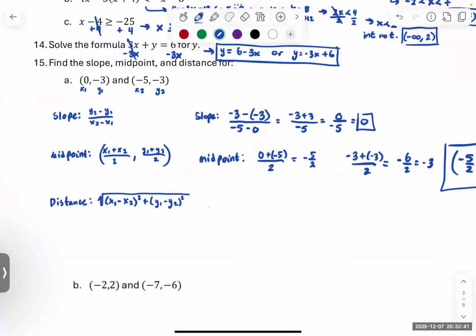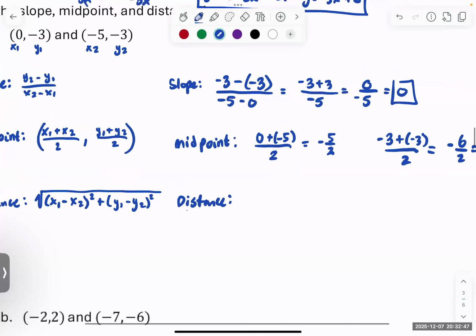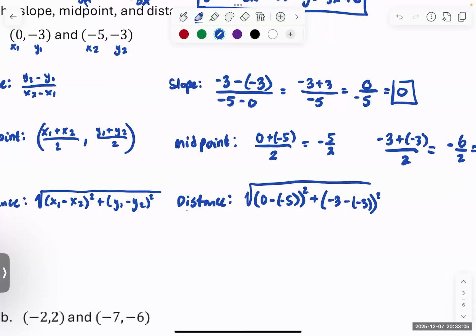Okay. And for the distance formula, it's x1 minus x2, so 0 minus a negative 5, and this is all squared, plus negative 3 minus a negative 3 squared, all under the square root.